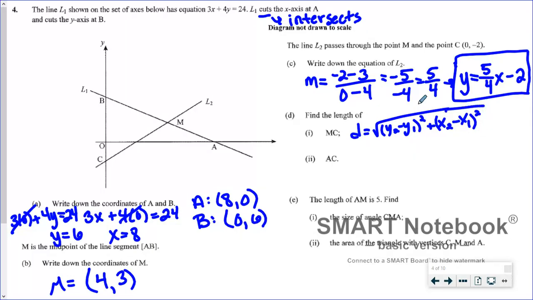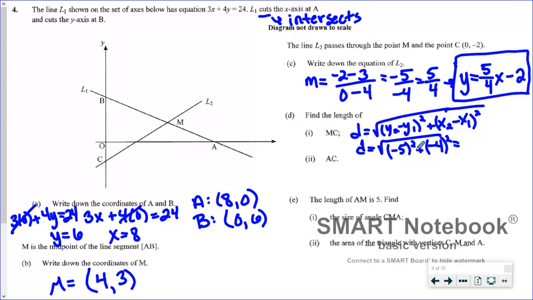So when we do that, D is equal to, and we actually did y2 minus y1 up here, so that would just be -5 squared, plus, and x2 minus x1 was what we did down here, so that would be -4 squared.